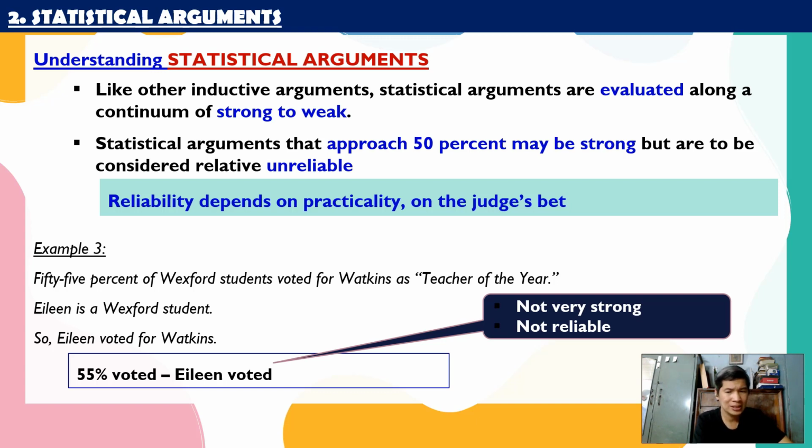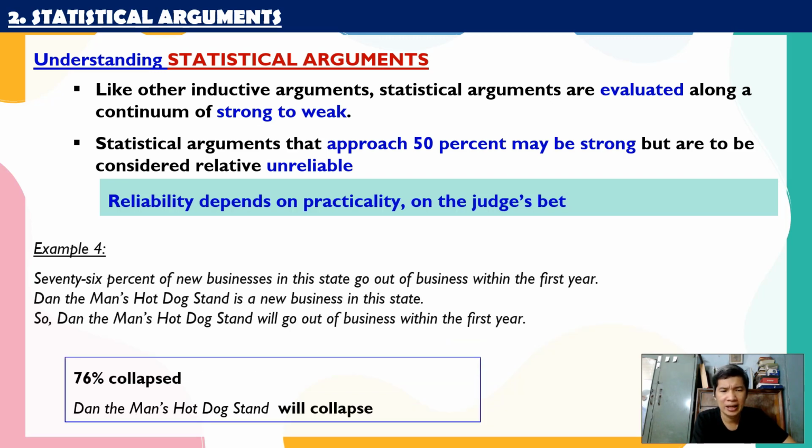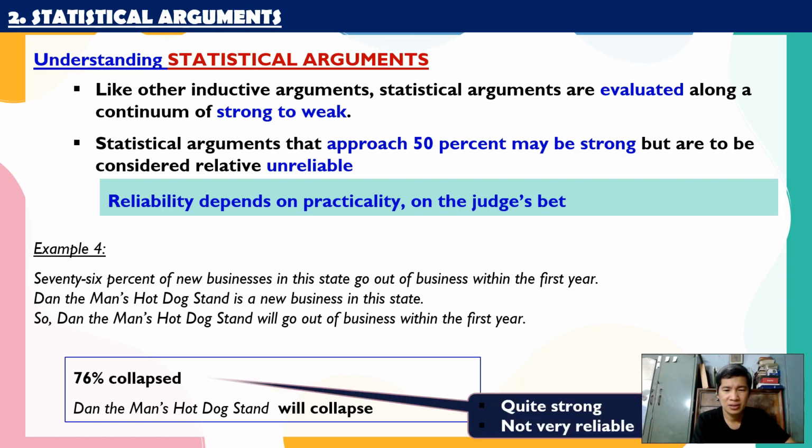And of course, this is not reliable. And this one, 76%, is quite strong, but again, not so reliable.